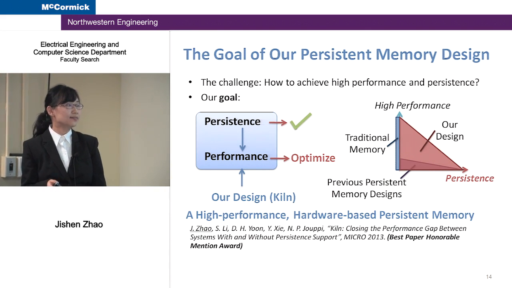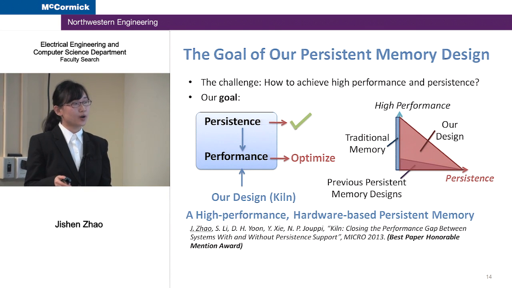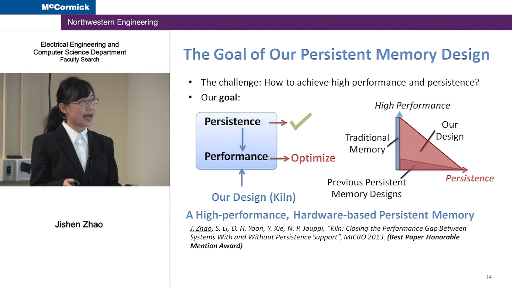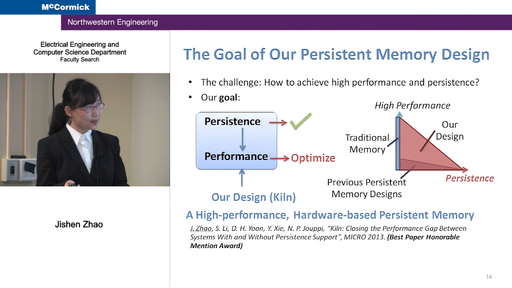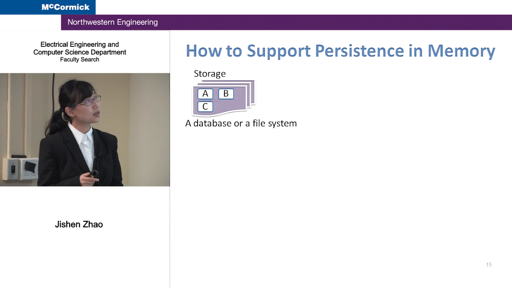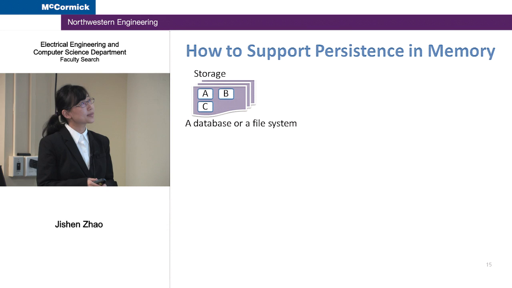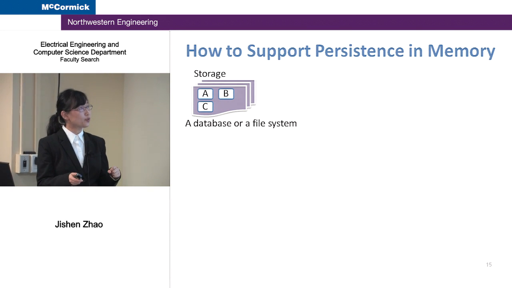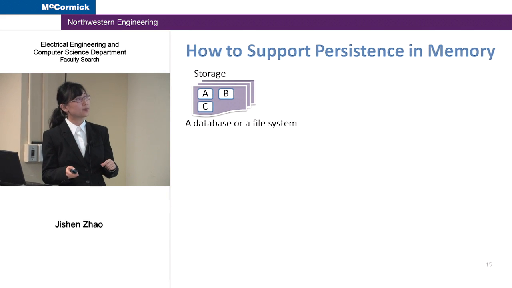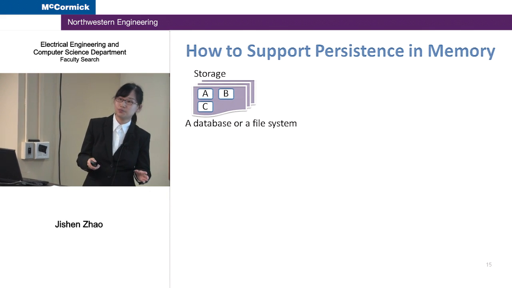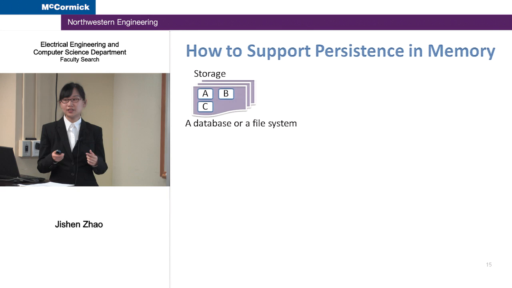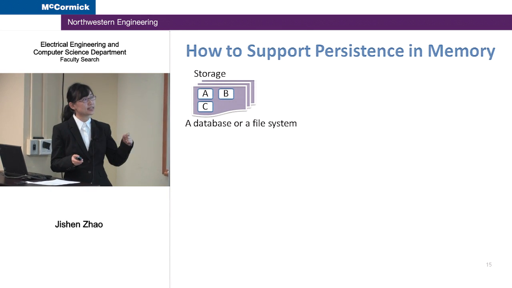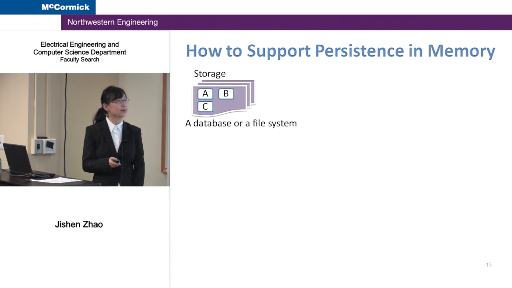So let's start from the first step: how to provide persistence in memory. In a traditional system, persistence is only supported in a storage system. So to understand how to provide persistence in memory, we first need to study how persistence is supported in a database or file system.